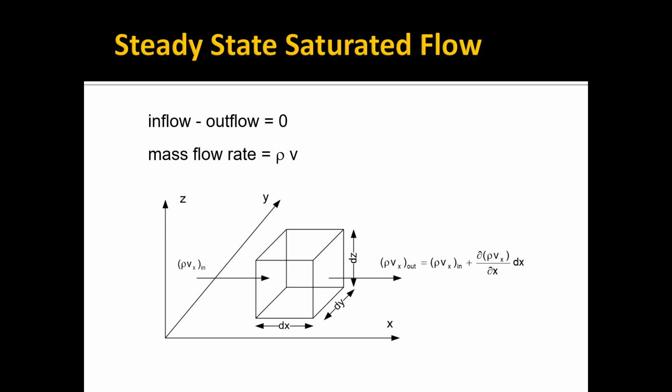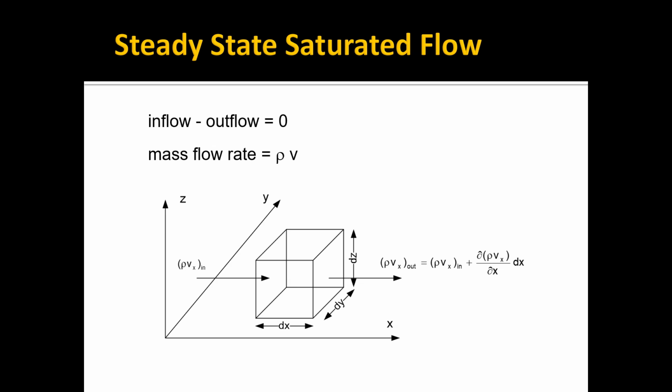Okay, so this cube is what we call our representative element, and it has a volume of dx, or the dimensions of dx, dy, and dz. And we are going to look at something called the mass flow rate, which is the density of the fluid, the water, multiplied by the velocity. This is actually Darcy velocity, but taken together, the density times the velocity is basically the mass flow.